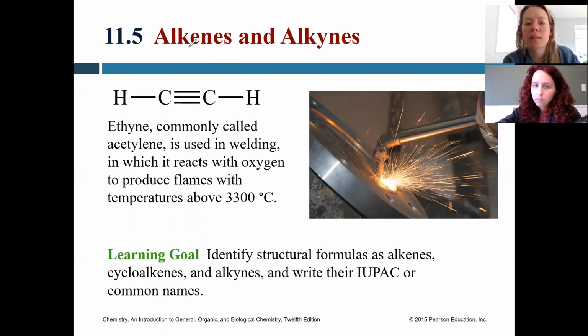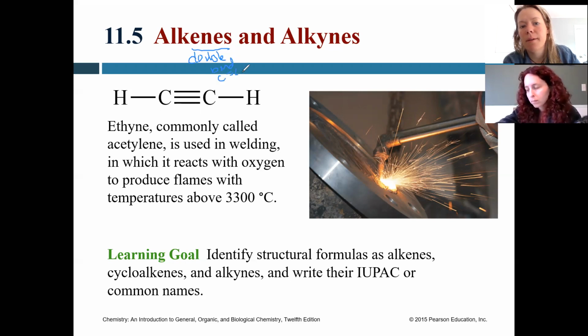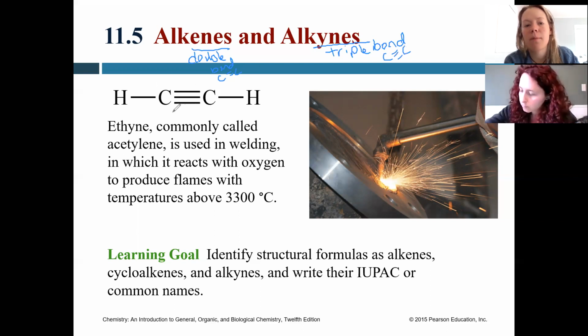We can have an alkene, E-N-E-S, where there is some sort of double bond, and the double bond is happening between a carbon and a carbon. An alkyne, with a Y-N-E-S ending, is when there's a triple bond. Again, the triple bond is happening between carbons, so it'll be a carbon triple bonded to another carbon.